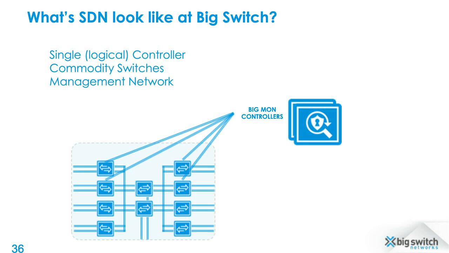So down in the lower corner, I wish I had a little pointer, but here, I'll use my finger. Those things in the bottom with the two arrows in each direction, that's our picture for a switch. And so the controller has a TCP connection to each of the switches in the forwarding fabric.